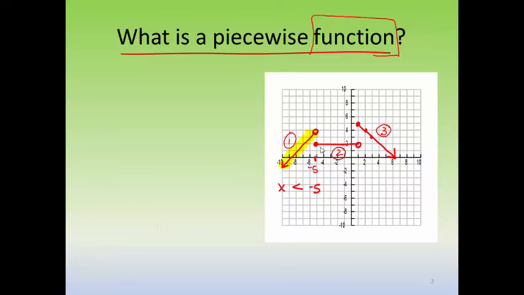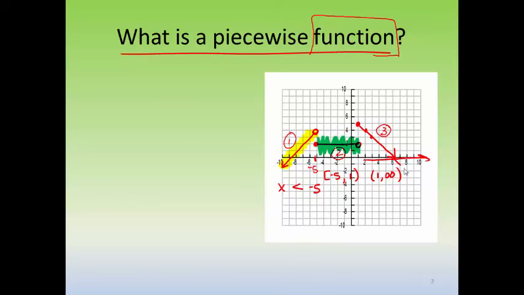For the piece in the middle, this piece is discussing all of the x's that are inclusive from -5 up to +1. I'm talking about the x values that are being associated with this. And the last piece is all of the x values that are greater than 1 all the way on to infinity. Again, I'm talking about the x values.